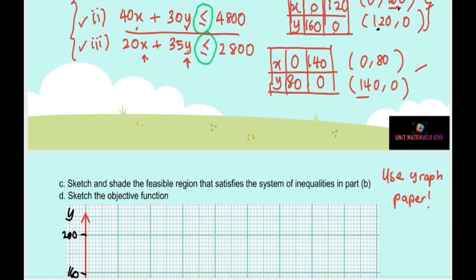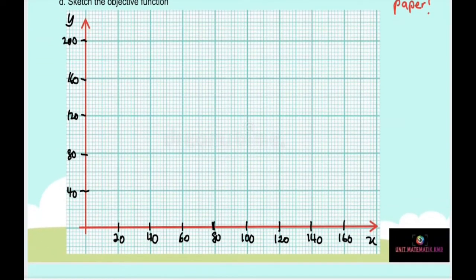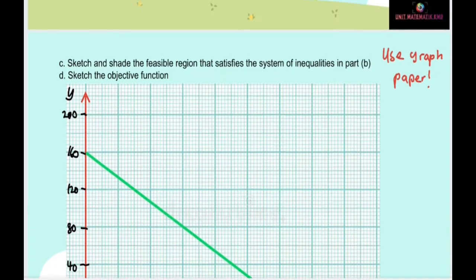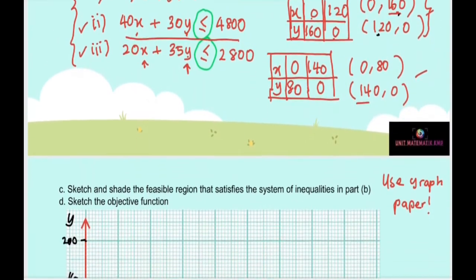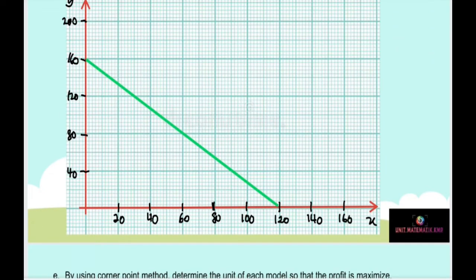So I use a green line. So we got 120 and 160. Okay, so the first straight line. And please make sure that you write down the equation above the line: 40x plus 30y equals 4800.